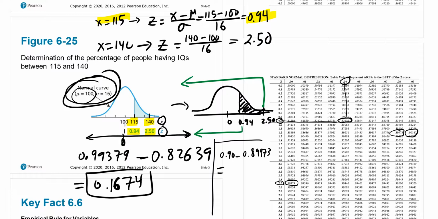That gives us 0.00027. And then the same, subtract 0.9147 from 0.90.